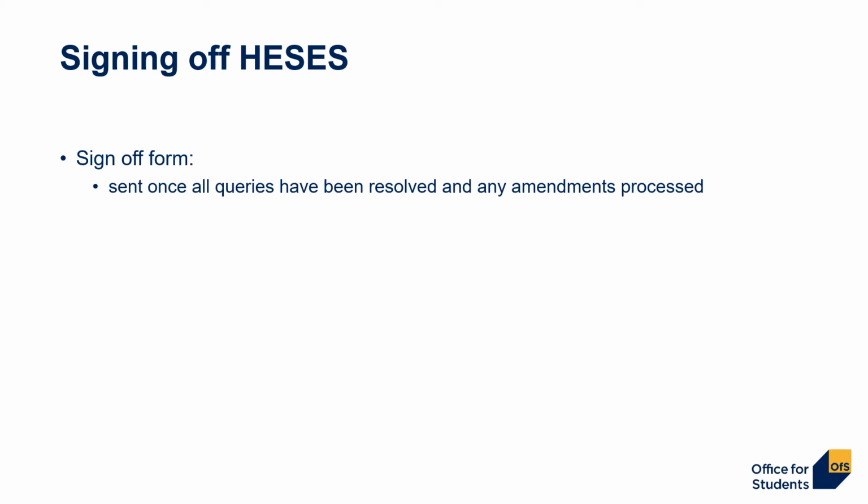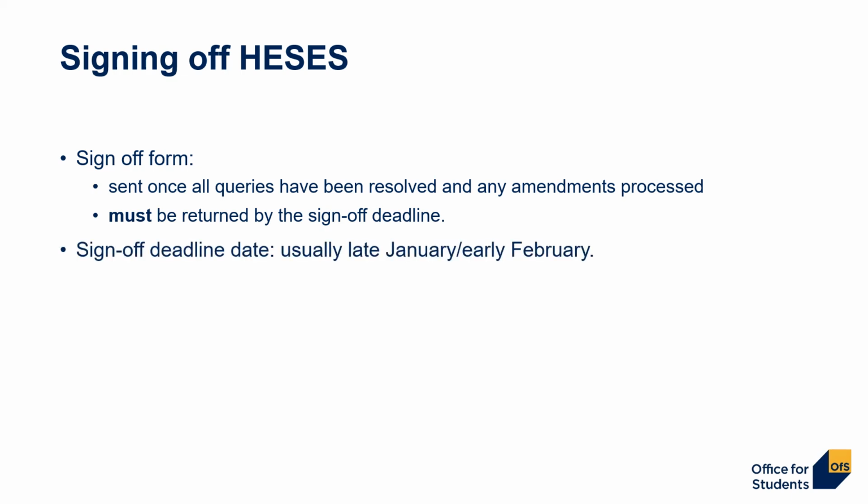The HESES sign-off form is sent when our queries have been resolved and any amendments to the data in the workbook have been processed. It must be signed and returned by each provider's accountable officer by the final sign-off deadline. As explained earlier, this date varies from year to year, but it is usually towards the end of January or the start of February.